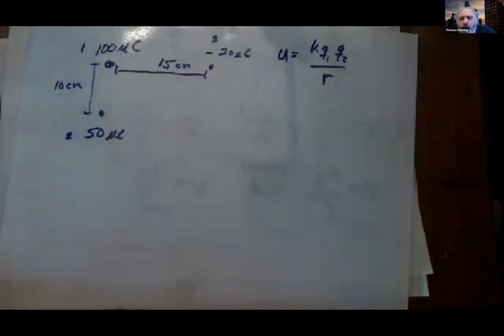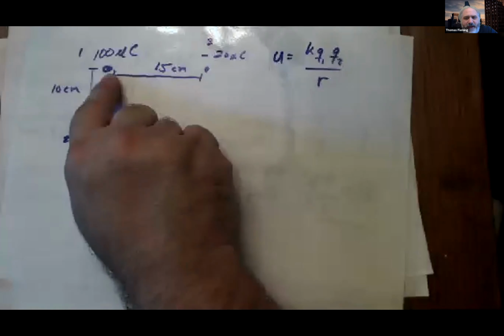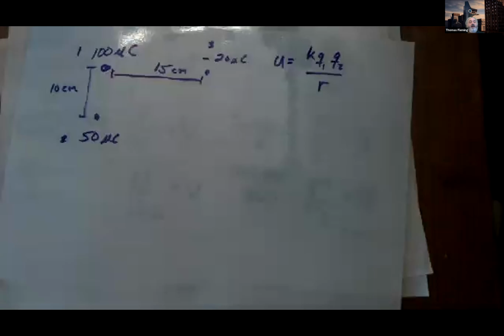Why 0? Because I only have one charge right now, and that one charge didn't have to fight against any of the other charges. So the first one I got for free. I didn't have to do any work to bring the first one out, because there's nobody out here to push him around.